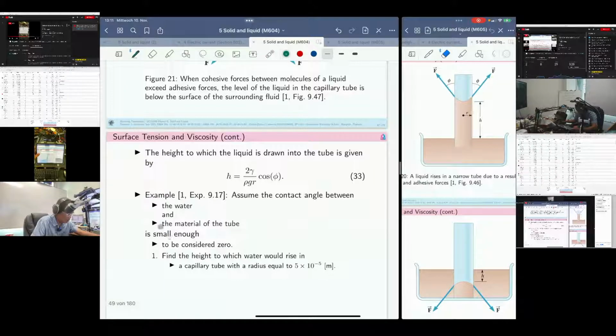And the material of the tube is small enough. When we look at this figure, they say the angle here is very small, close to 0. So it means in this case that phi tends to 0, right? Would reach 0.